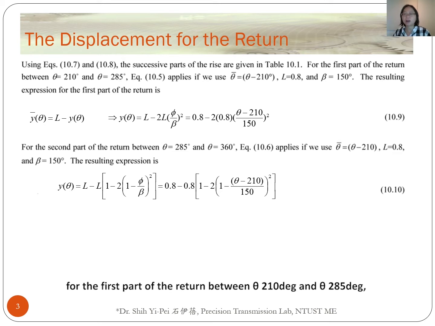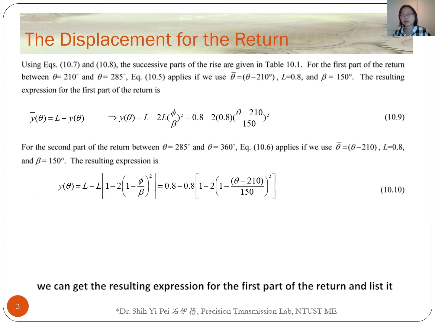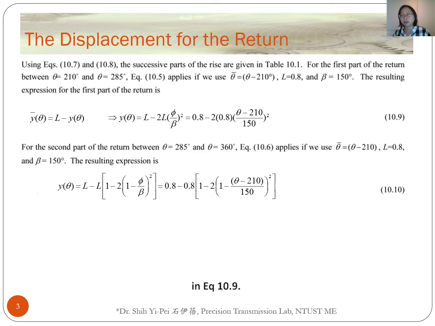For the first part of the return, between theta 210 degrees and theta 285 degrees, we also subtract the beginning angle of 210 degrees from theta to get phi, and then substitute all known values into equation 10.5. We can get the resulting expression for the first part of the return and list it in equation 10.9.